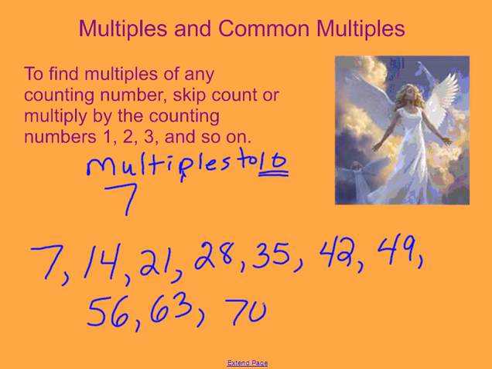And 7 times 10, 70. You can continue on for infinity finding multiples, but usually you'll stop at 12 or 15 for the FCAs that we do.